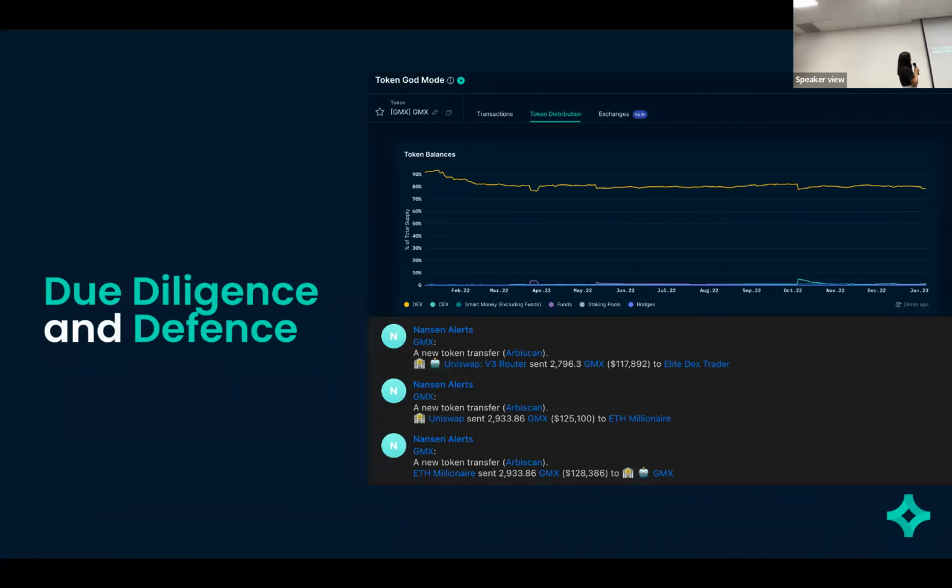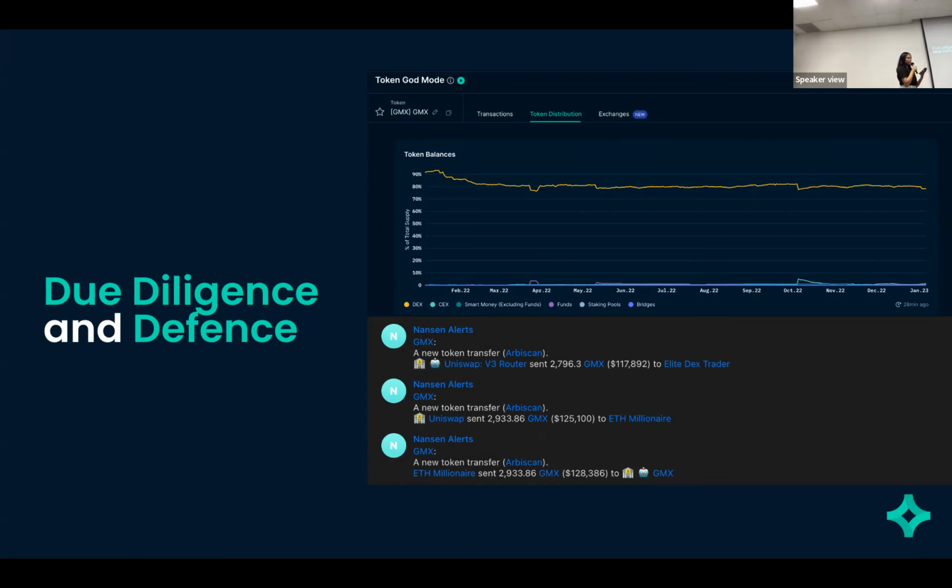Next slide. Also, what you can do with Nansen is do your due diligence and defense. Before investing in anything, it will be good to see what the holders of the token are. This is our token God mode page, which is one of our key products.